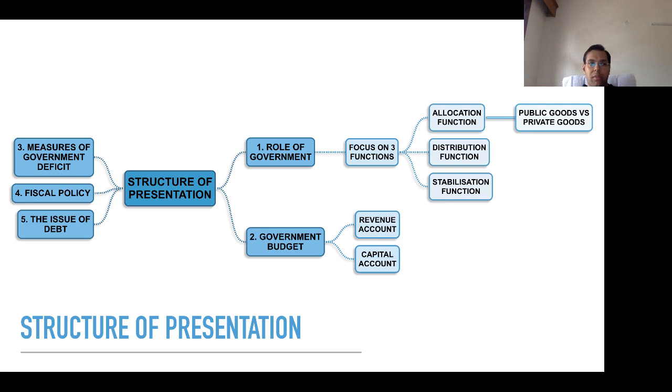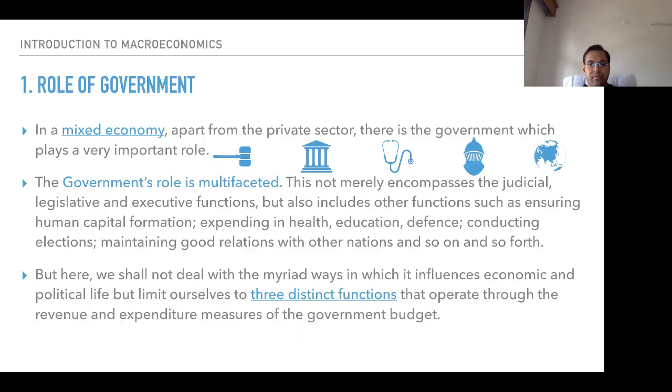So we are doing all of this in order to understand the structure of presentation. We have understood how the government has ascribed its role, and how the government's role is multifaceted.